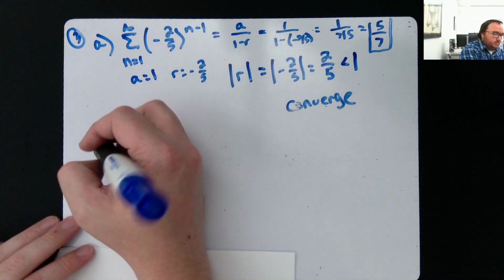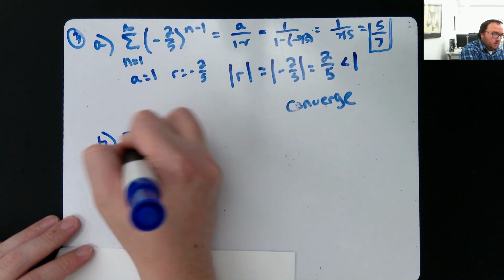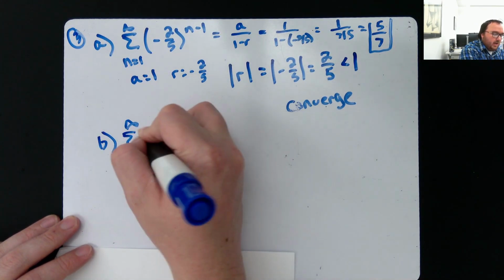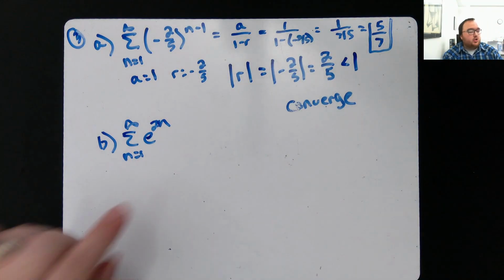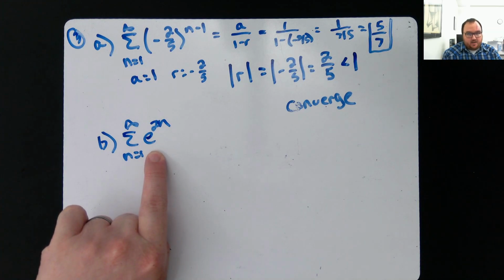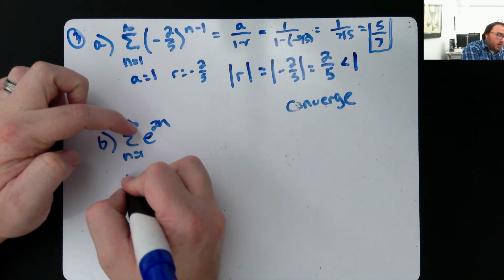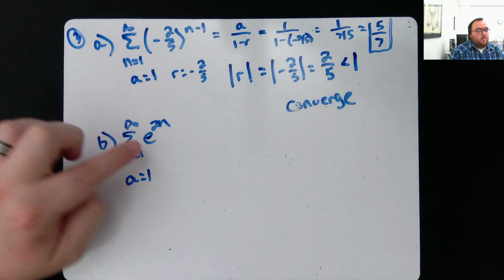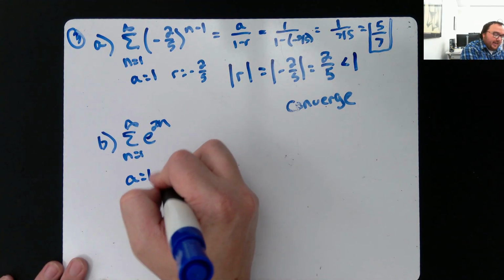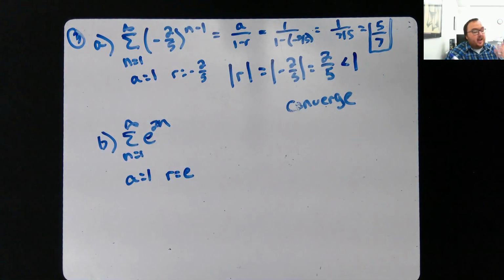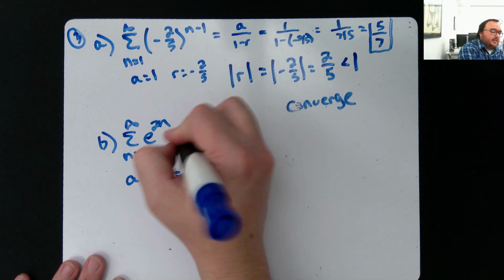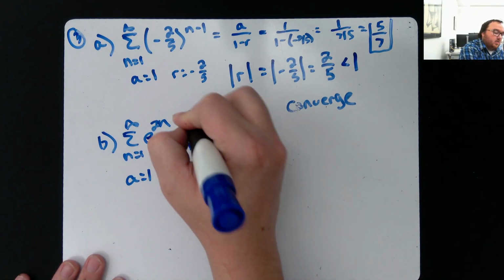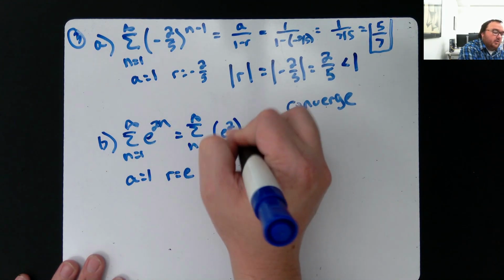Example B. Sum from n equals 1 to infinity, e to the 2n. So what's being raised to a power here is e. Again, there's nothing out front, so a is just 1. What's being raised to a power is e. Technically, actually, I would use e squared because e to the 2n is like saying e squared to the n.